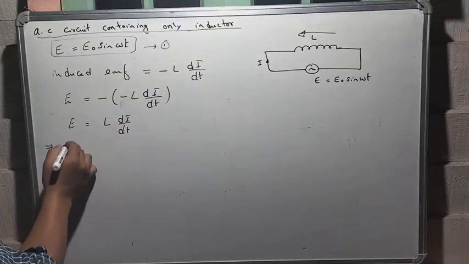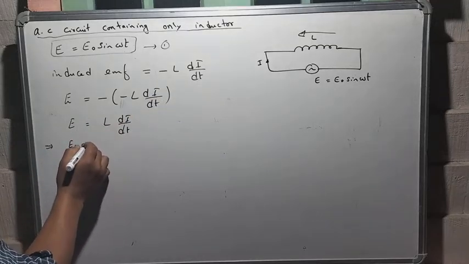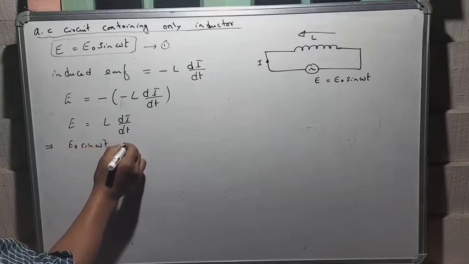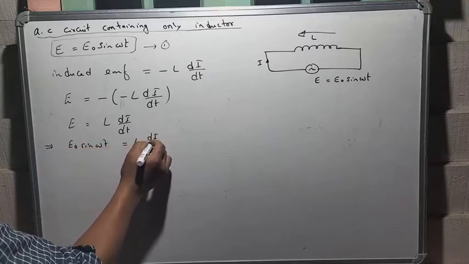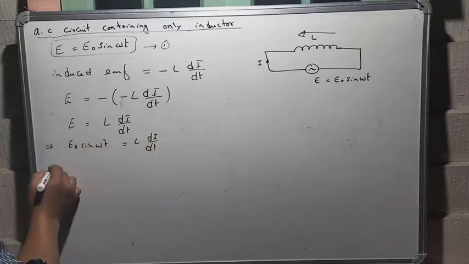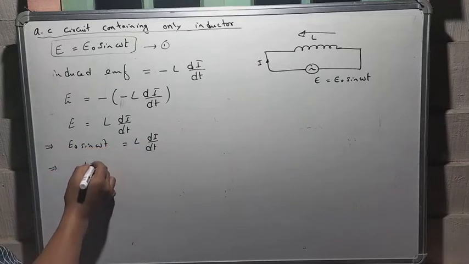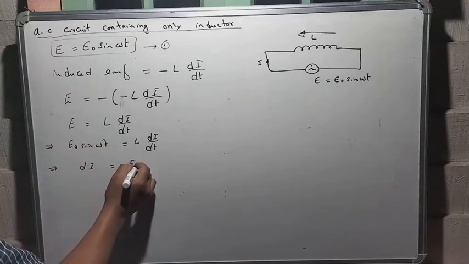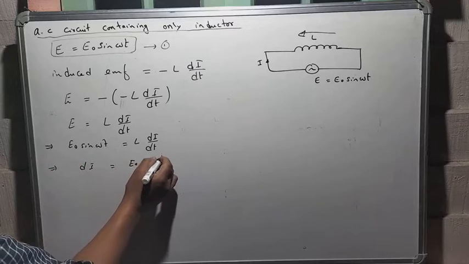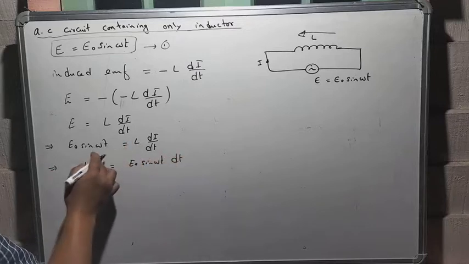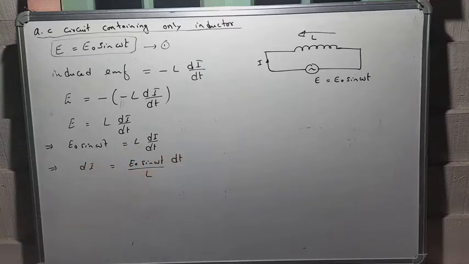In place of E I'll write E naught sine omega t, and this is equal to L di upon dt. Next, if you find di from here, you will get E naught sine omega t dt, and this L will come down. So this is my di.